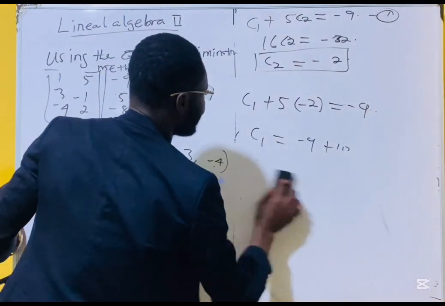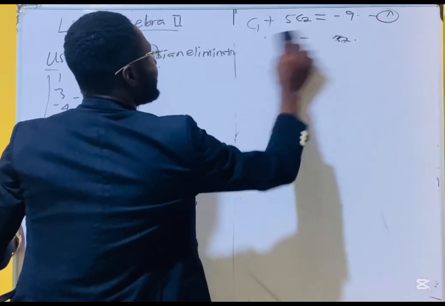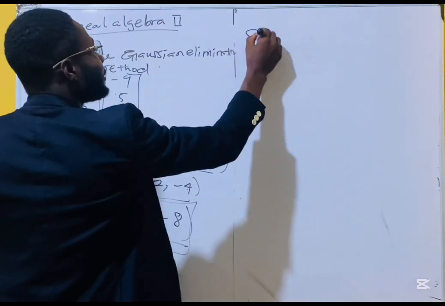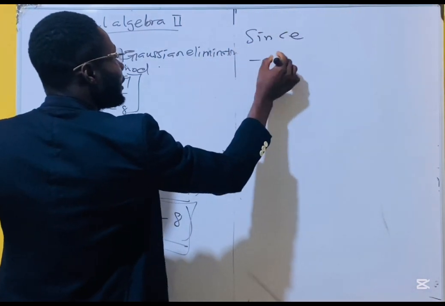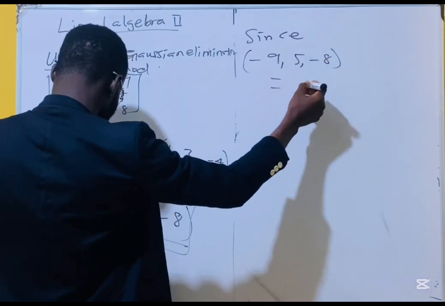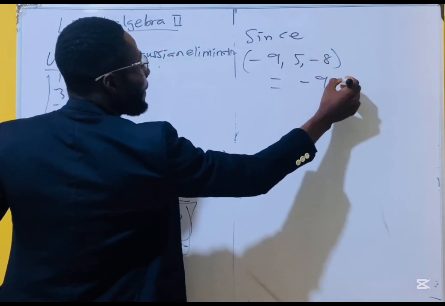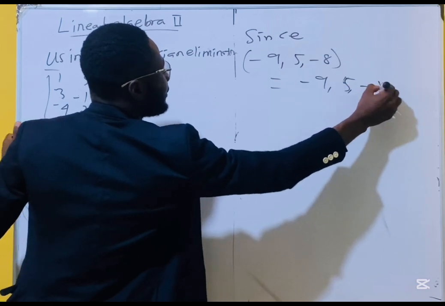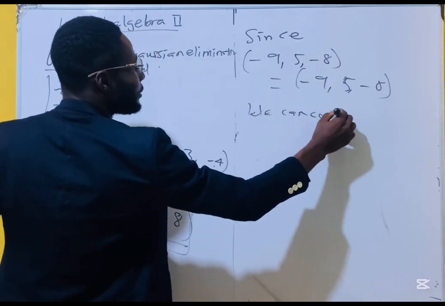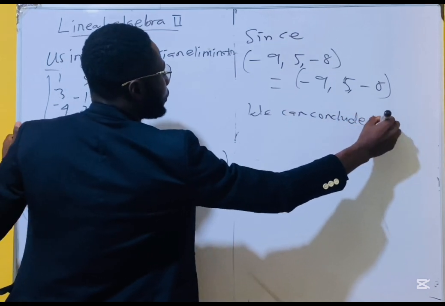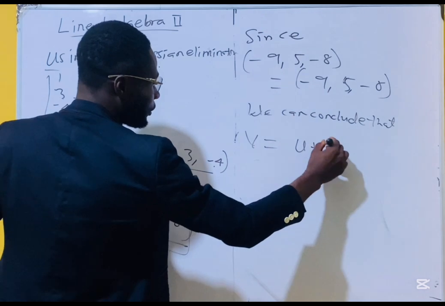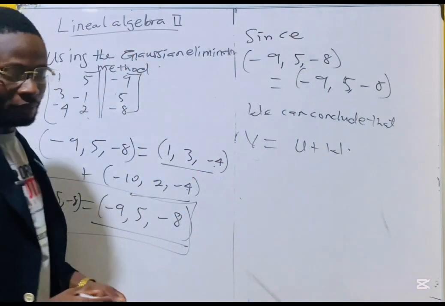So we can conclude that since negative 9, 5, and negative 8 is equal to negative 9, 5, and negative 8, V is equal to U plus W, right?